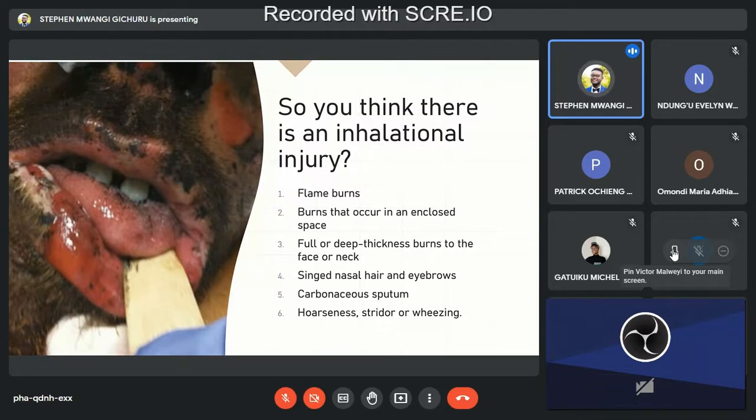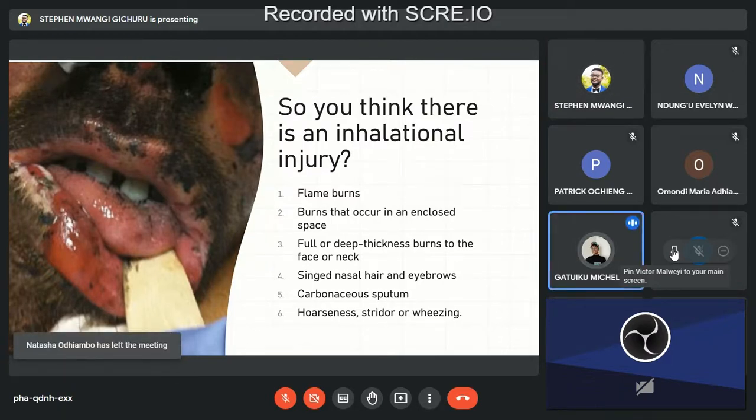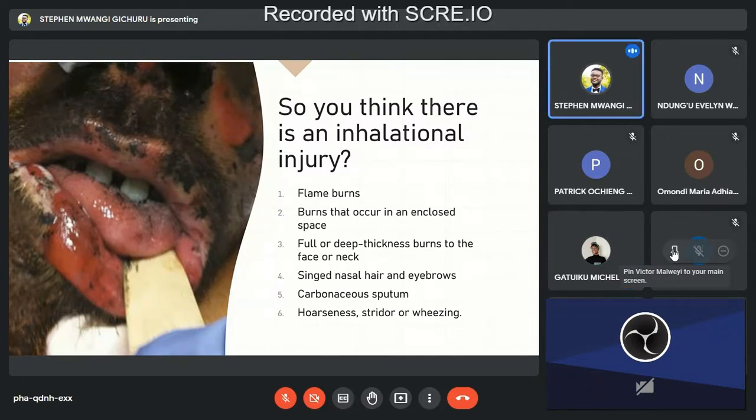So if there's damage to cilia, what happens? Any secretions that are produced, even now during the inflammation, are not cleared. So there'd be... Which secretion specifically? First of all, the plasma that comes out from the cells because of the inflammation. Okay.